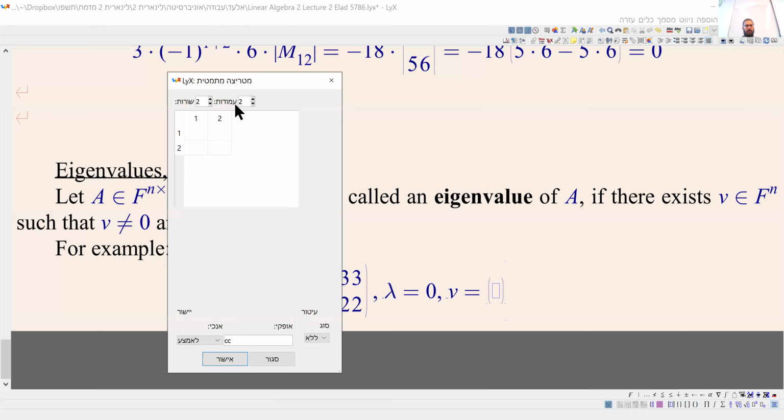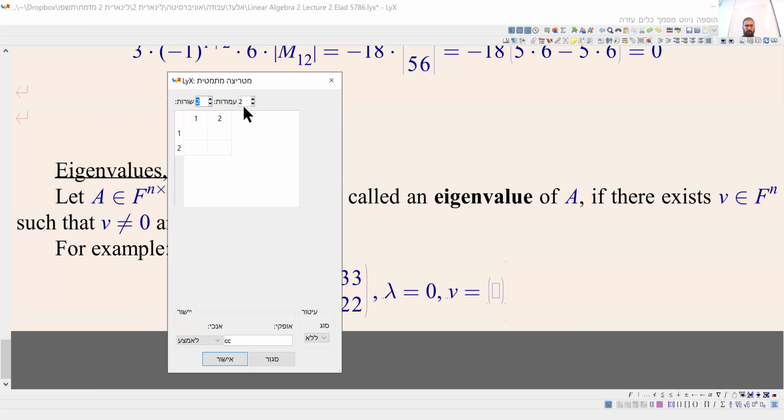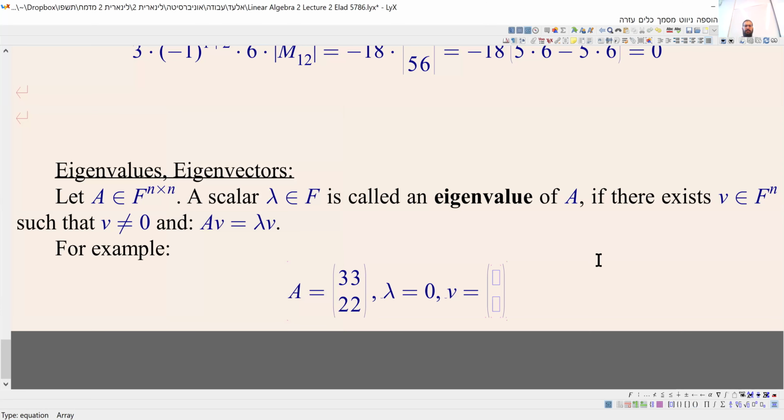I'll write it down as a column, of course. The column becomes row. And let's have V as -2 and 3. No. -2, -1 and 1. Simply.